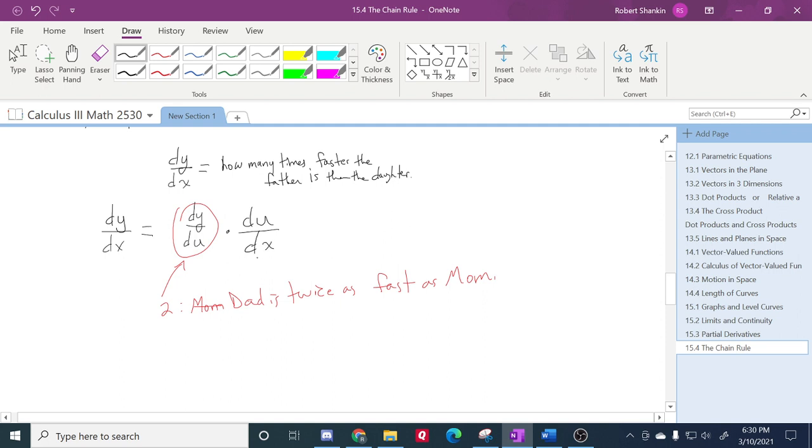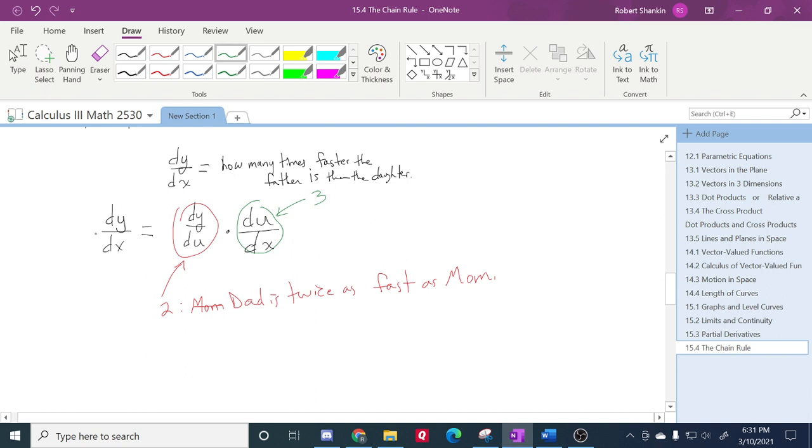She thinks she has a chance against pregnant mom, but pregnant mom surprises her. And this turns out to be 3. Mom is 3 times as fast as the daughter.